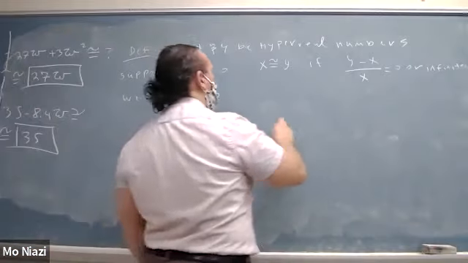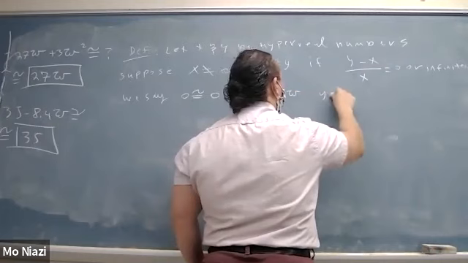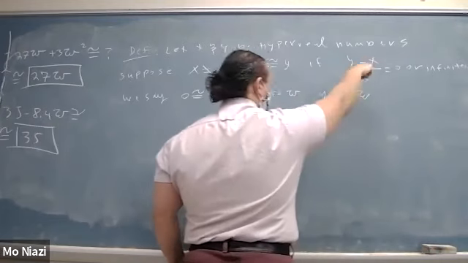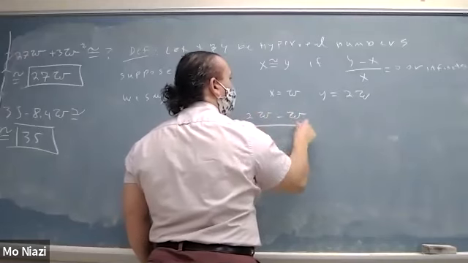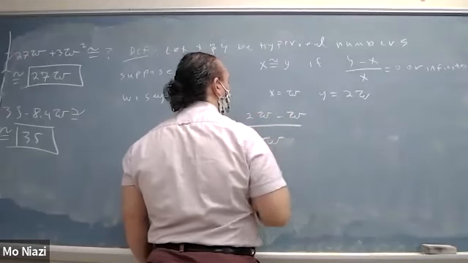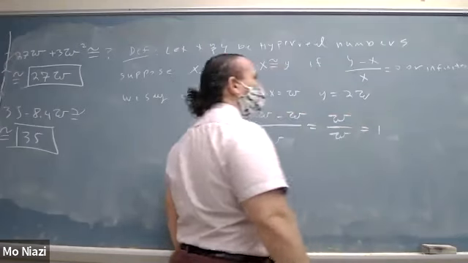For example, let x equal omega, y equal 2 omega. Here we would get (2 omega minus omega) over omega. Notice this becomes omega over omega, which is 1.